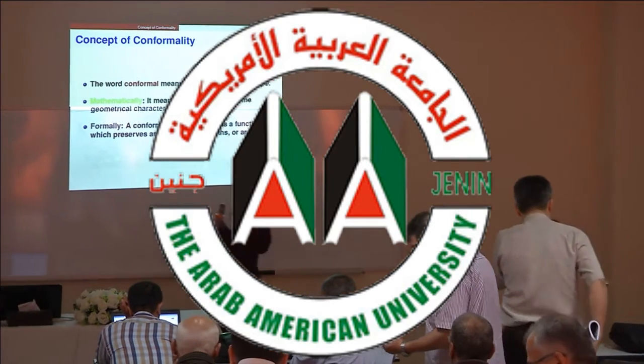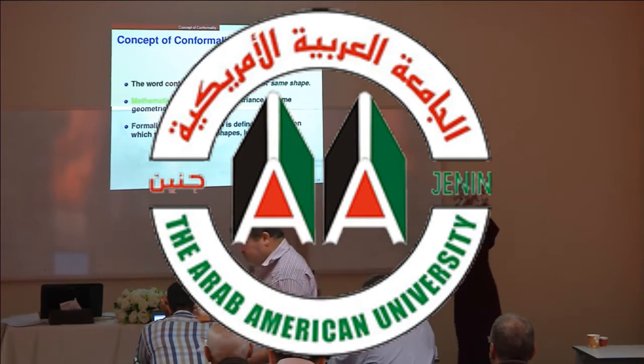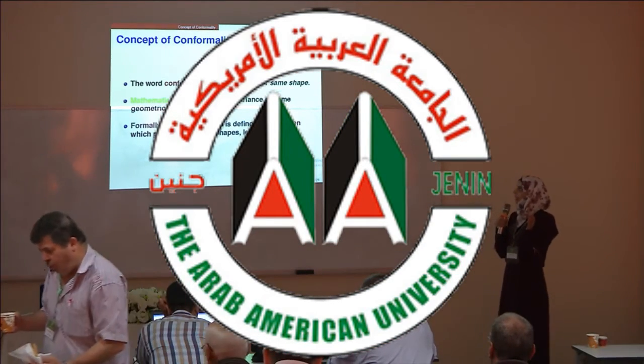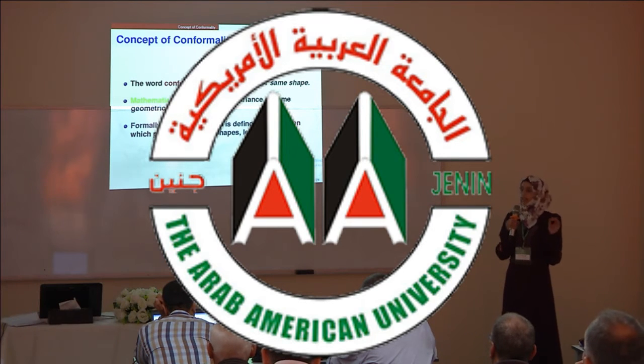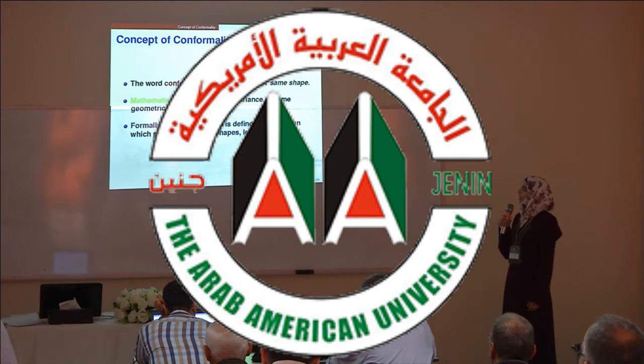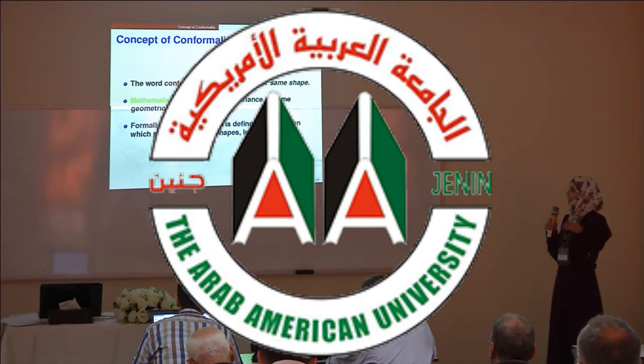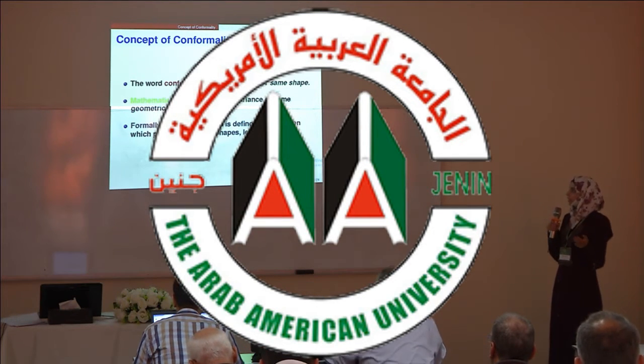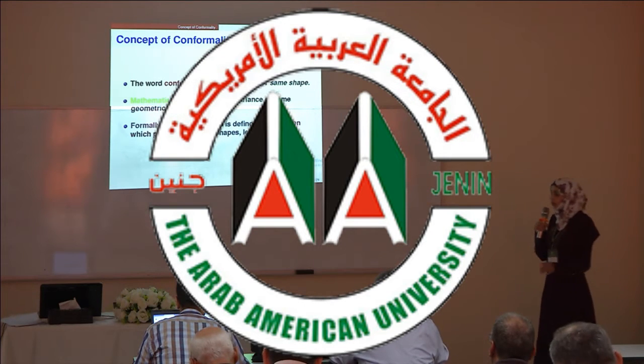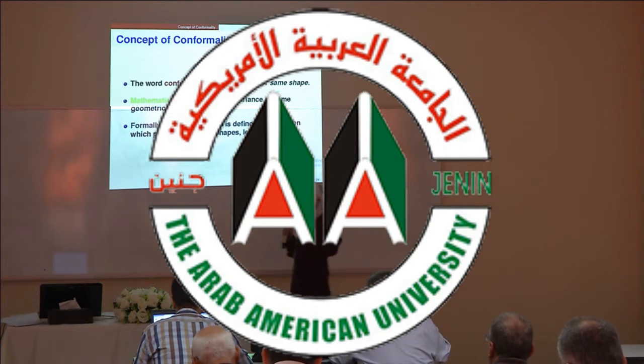The word conformal means same form or same shape. Mathematically, it means the invariance of some geometric characteristics. Formally, a conformal map is defined as a function which preserves angles, shapes, lengths, or areas, not all of them in the same function.